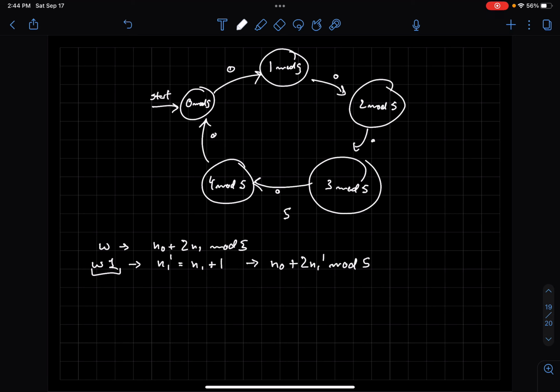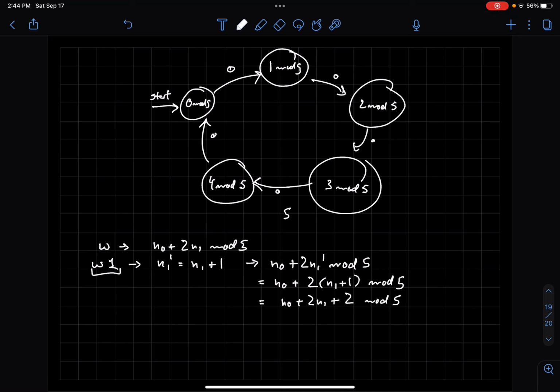But what is this? This is just n0 plus 2 times, and now I plug in n1 prime, n1 plus 1, because I'm adding a 1 to the W, mod 5. And so what I get is n0 plus 2 n1 plus 2 mod 5.